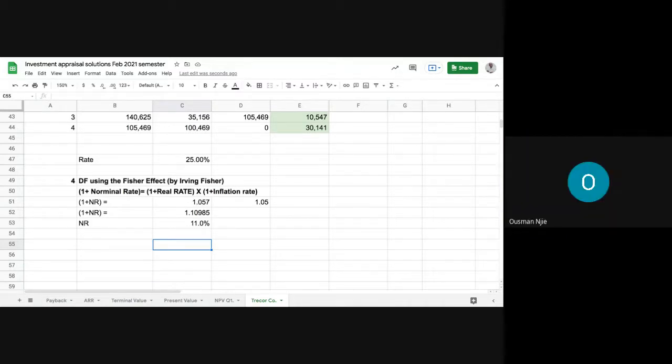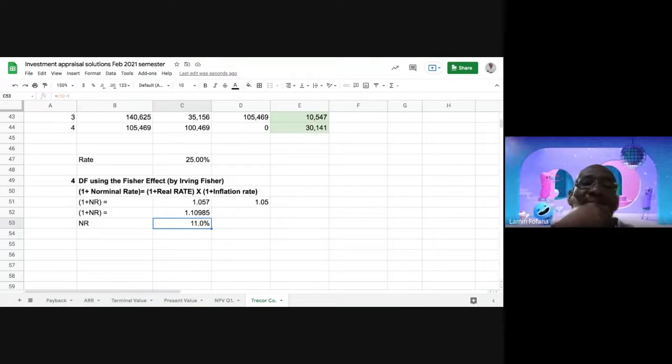Mr. Fofana? Yes. What about if you put NR equals to minus 1 plus 1.10985, and then put the equals there? Will it not be correct?